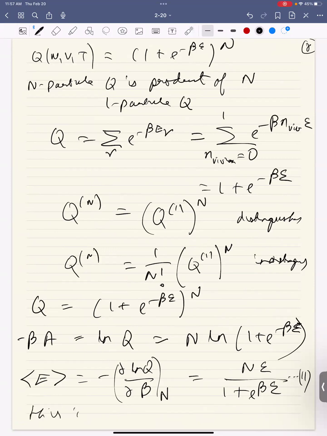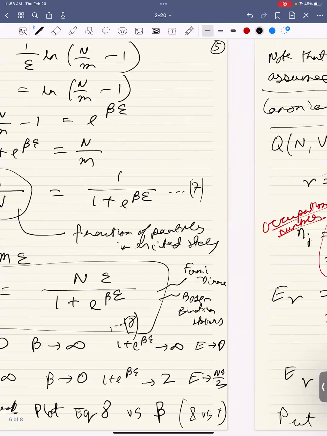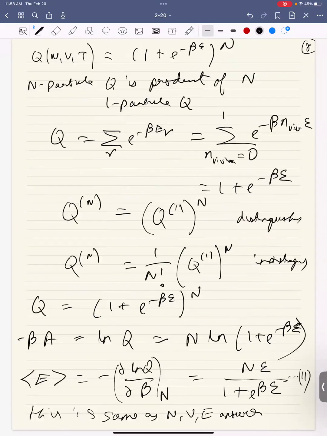This is the same as the NVE answer in equation 8. Notice, of course, that in this case, we are talking about the average of the energy because we are working with a canonical ensemble, so energy can fluctuate. In the microcanonical ensemble, we did not have an average of energy, right? There was no fluctuation because we fixed the energy. So both ensembles gave us the same answer.